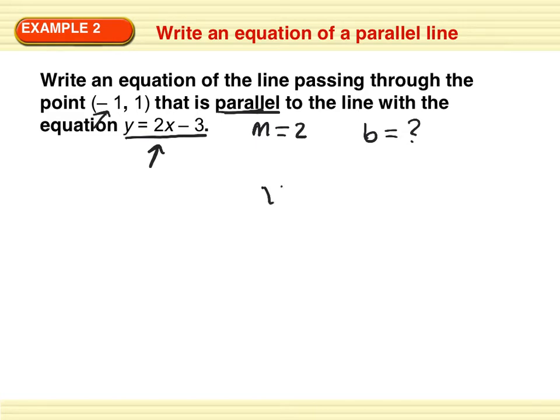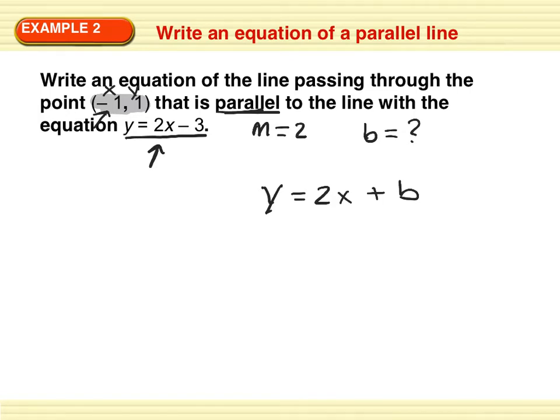We have y equals mx plus b. Here's the real question. Why would they give me an x and a y value? What was the point of giving me an x and a y value? I can plug those in.